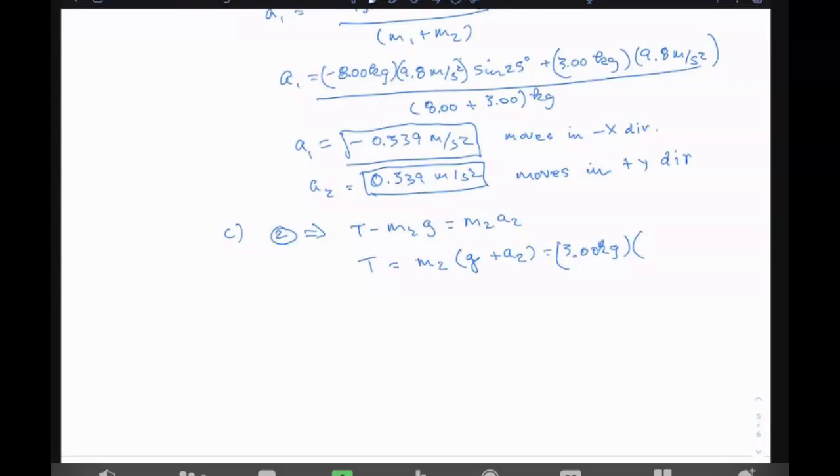And g is 9.8, and a2 is 0.339 meters per second squared. So the tension is 30.4.